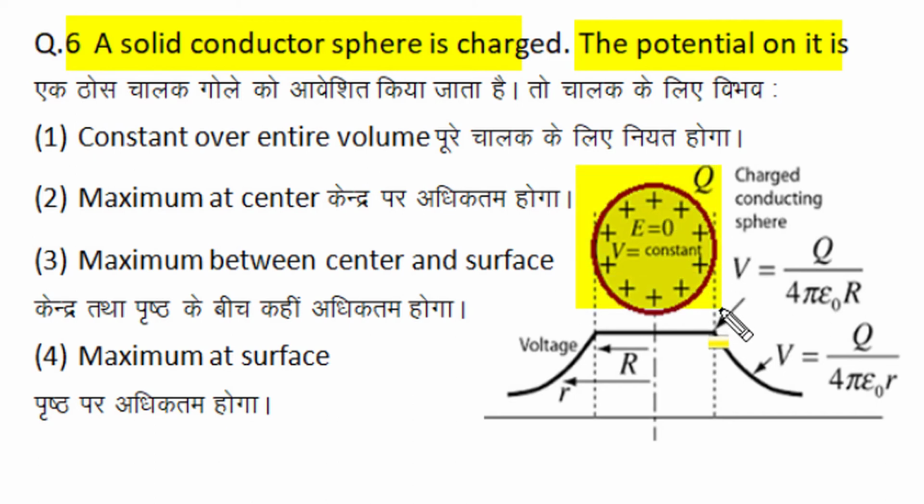So a conductor sphere when charged behaves like an equipotential surface, and the potential on its surface is kq by r, or q upon 4 pi epsilon r, and this potential will remain the same over the entire internal volume. So option 1 is the right choice, and the maximum potential is at its surface, and the surface value and everywhere in this entire volume the potential is the same.